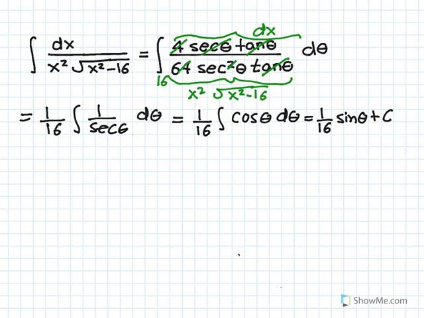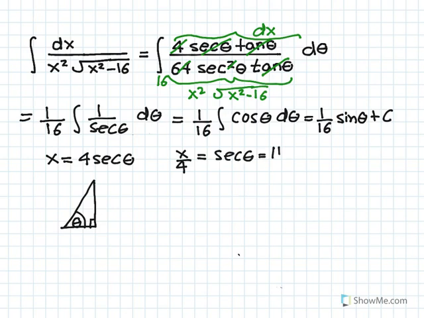The trig substitution that we're using is x is equal to 4 secant theta. So let's draw a triangle. This will be our reference triangle. We have a right angle triangle here. Here's theta. Secant is hypotenuse over adjacent, so x over 4 is secant theta.